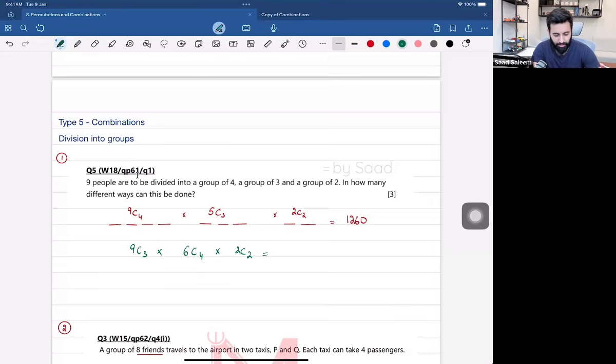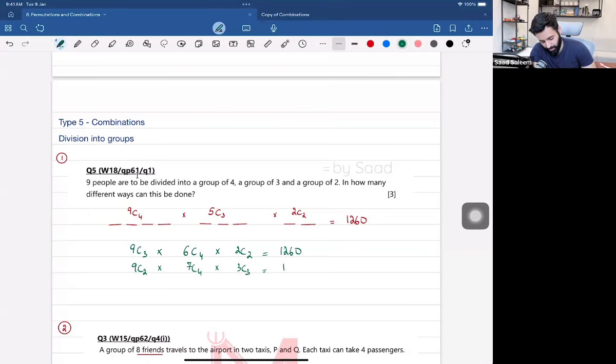So 9C3, let's work it out. 9C3 into 6C4, into 2C2. Here too, what do we get? We get 1260. Okay, so even if you first divide them into a group of 2, and then you divide them into a group of 4, so that would be 7C4, and you then divide the remaining 3 people into a group of 3, then also you'll get the same answer. 9C2 into 7C4 into 3C3.